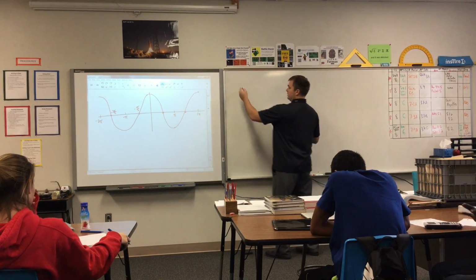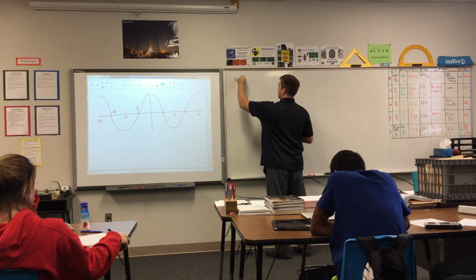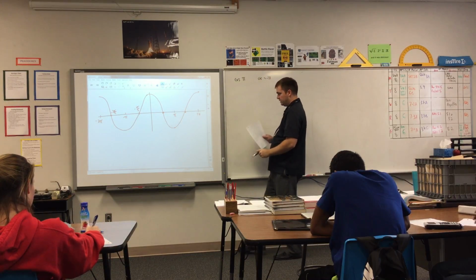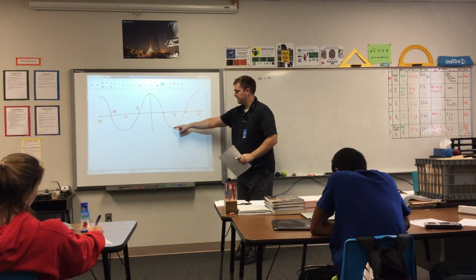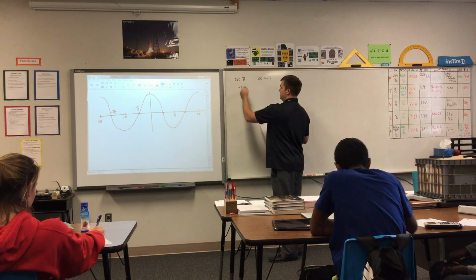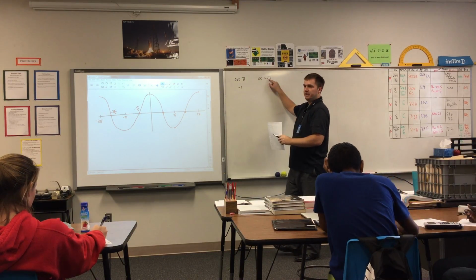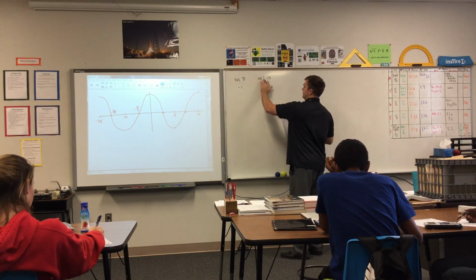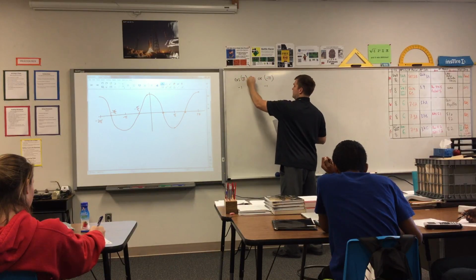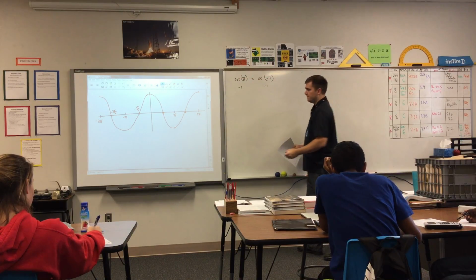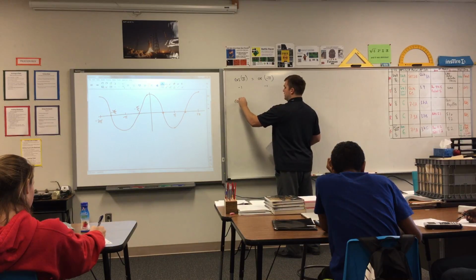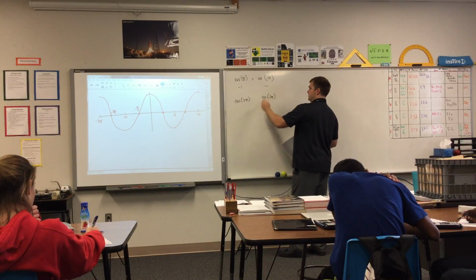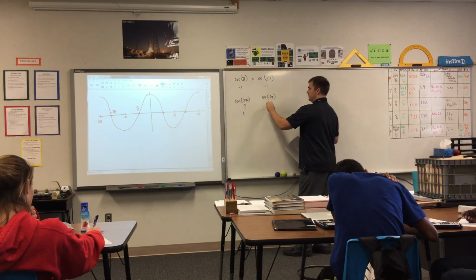So let's compare cosine of pi versus cosine of negative pi. Cosine of pi happens to be -1. What's cosine of negative pi? -1. Guess what? They're equal. What about the cosine of 2 pi versus the cosine of -2 pi? 1.